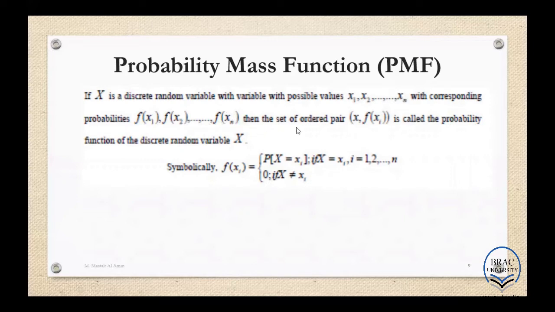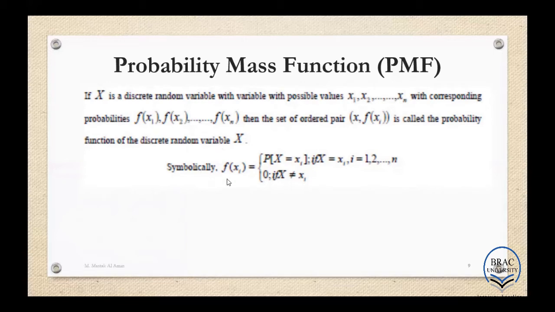So then the set of ordered pairs, that means x comma f of x, is called the probability function or the probability mass function. So probability function or probability mass function is only defined for a discrete random variable.